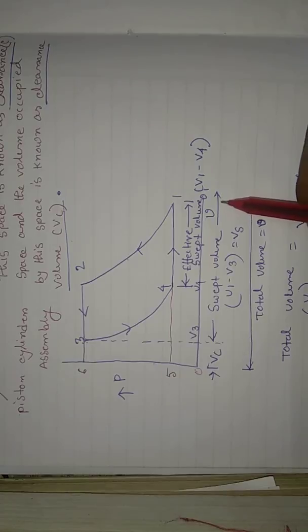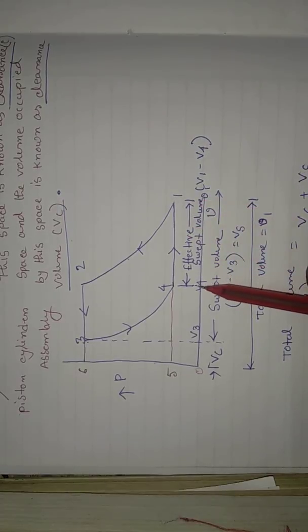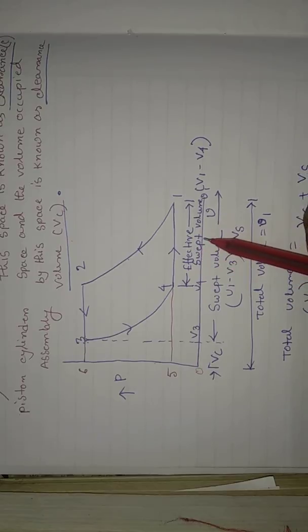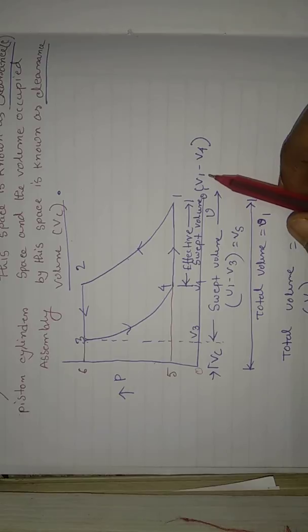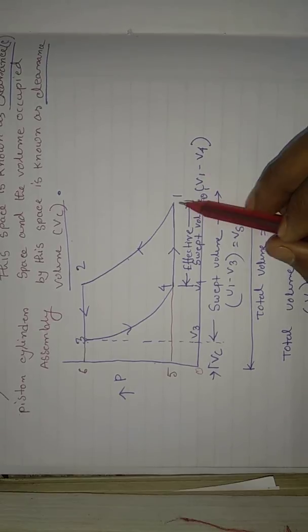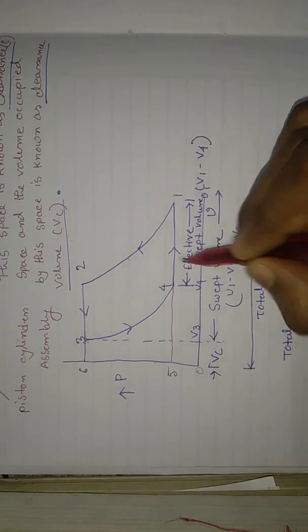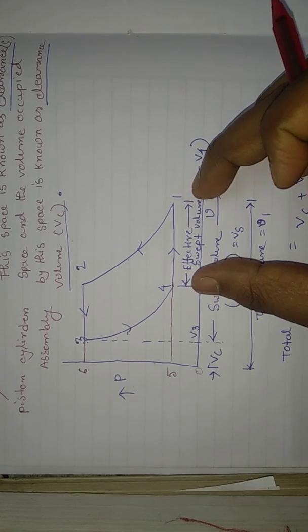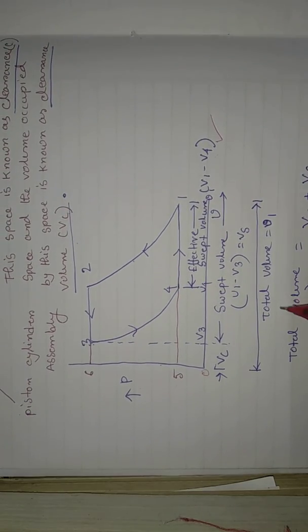Now from V4 to V1, the gap, the volume, is called the effective swept volume. That is V1 minus V4. So this portion, V1 minus V4, is called the effective swept volume.